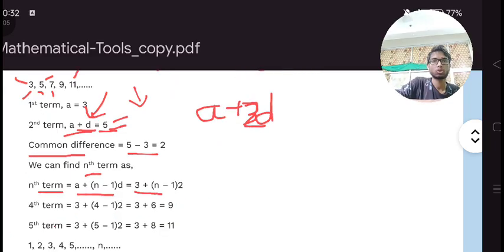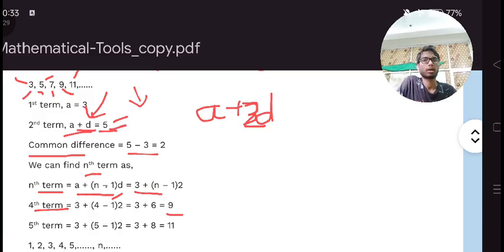So here you can see the fourth term. For the fourth term, 3 plus 4 minus 1 into 2, it is coming 9. So this is the formula. 9 is at fourth.